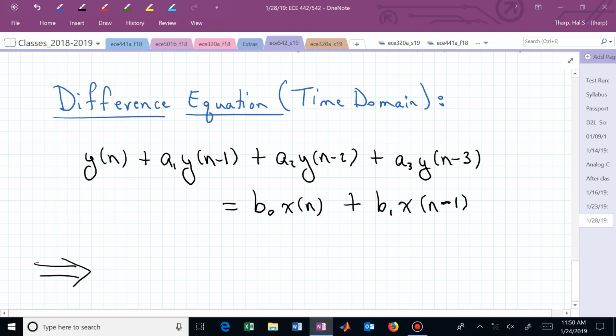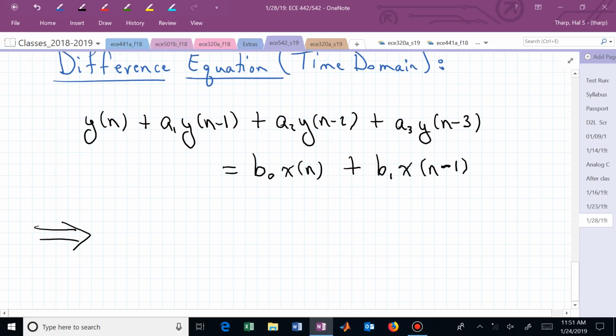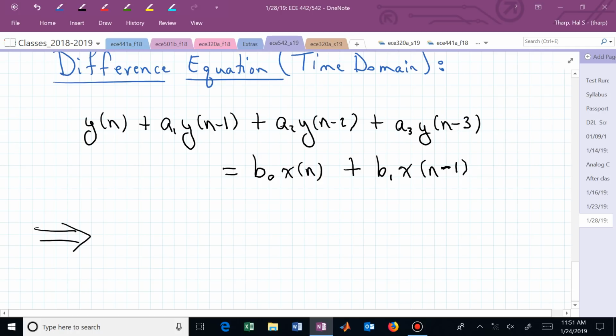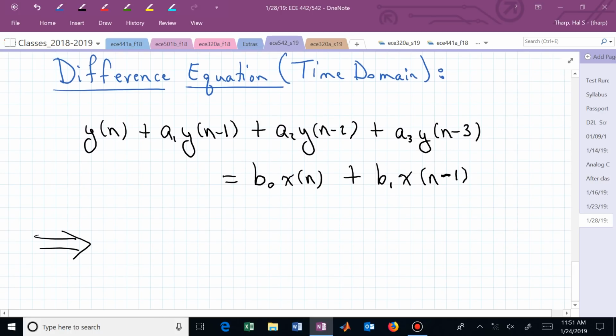Let's now take this time domain difference equation into the frequency domain. Well, maybe I shouldn't use the word shift. We're now transitioning from the time domain into the frequency domain, and now we want to z-transform each of these individual terms and come up with their frequency domain representation. If we z-transform y of n, before we said we're just going to call that capital Y of z.